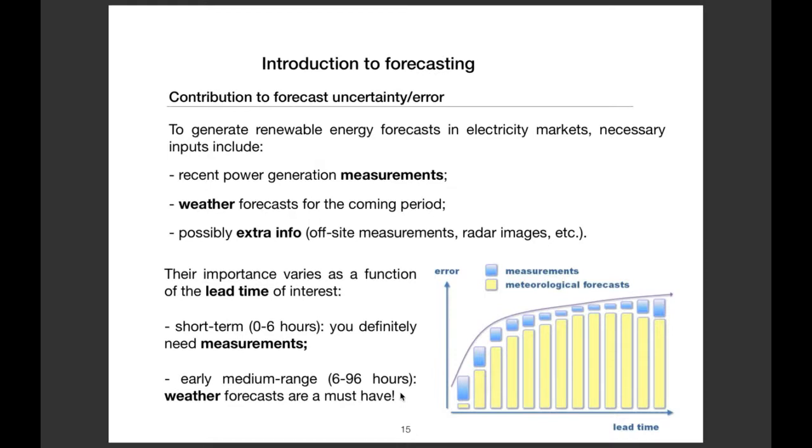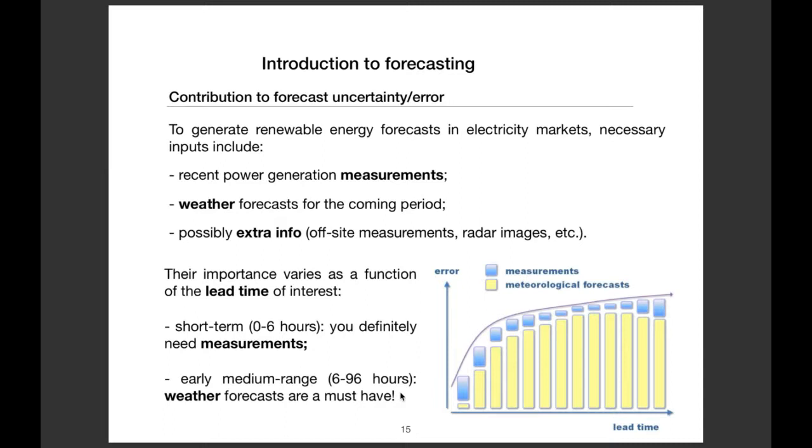So imagine a PV plant. You would like to forecast the PV generation for the next hour, for instance. What you need to forecast this PV generation is the weather prediction of the solar irradiance, because the PV generation is mainly driven by the solar irradiance.